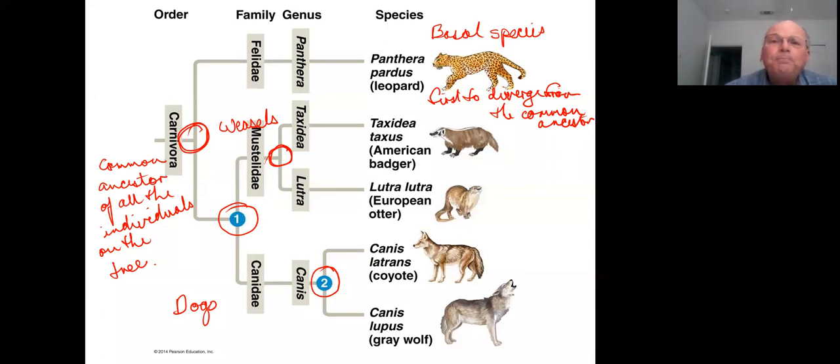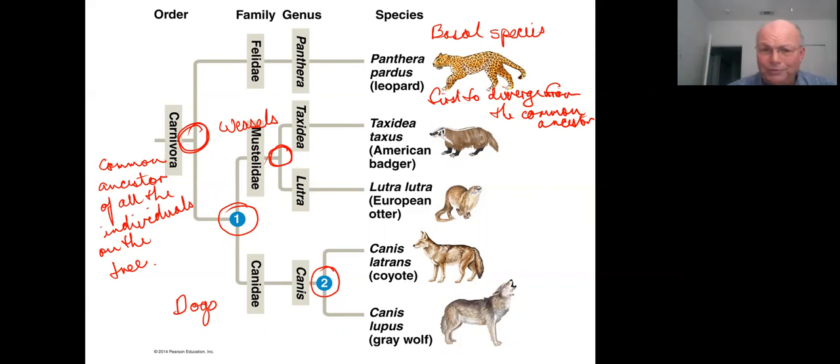So are a panther and a badger sister species? No, because they don't share a common branch point. They do share a common ancestor, but it's a common ancestor to all carnivores, not a common ancestor that's shared specifically by panthers and badgers and no other groups within this phylogenetic tree.